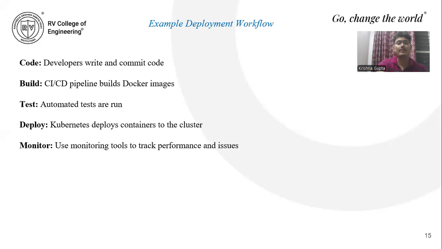Now, example deployment workflow. Like I told you in the DevOps cycle, first we will be writing the code. Developers write and commit the code using Git. Now, we are building. We are building the different containers and putting the different microservices using Docker. And this is part of the CI/CD pipeline. Now, test.